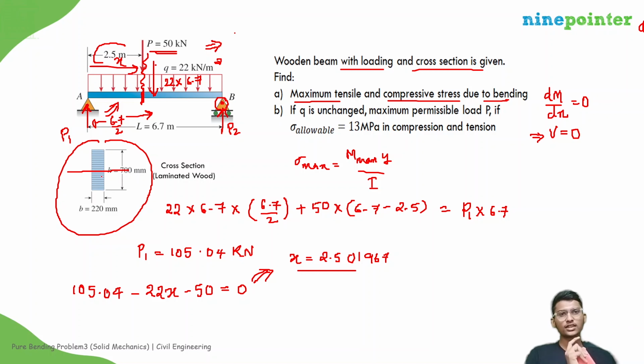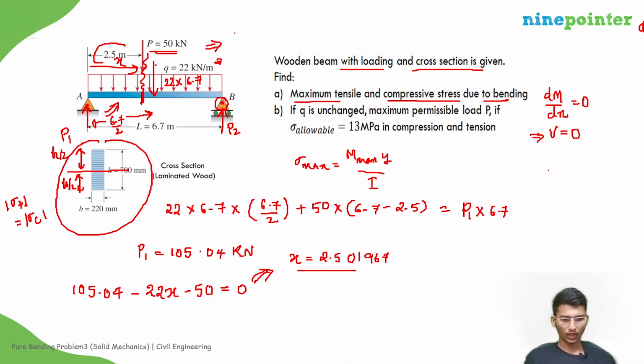So if we draw the axis over here, that should be this one, right? And the neutral axis will be at the centroid. So this distance will be h by 2 and this distance will be h by 2. So the magnitude of maximum tensile stress and the magnitude of maximum compressive stress will be the same, because it is doubly symmetric.